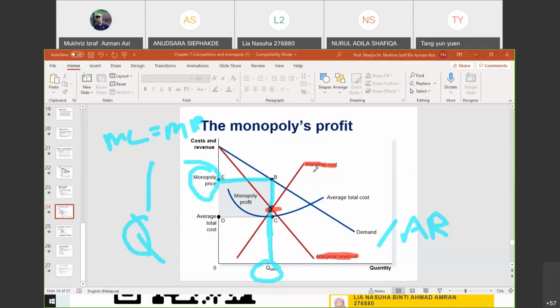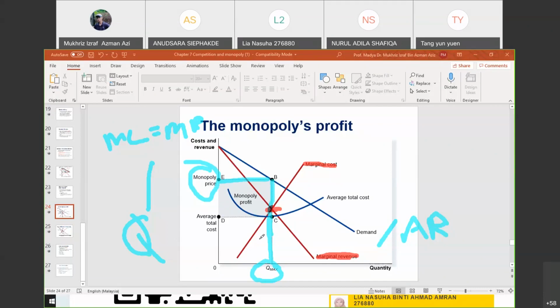At this point, you get the output. And on the same line, you find where this line intersects with the demand curve in order to determine how much the firm needs to sell. That is how a monopolist sets the price.